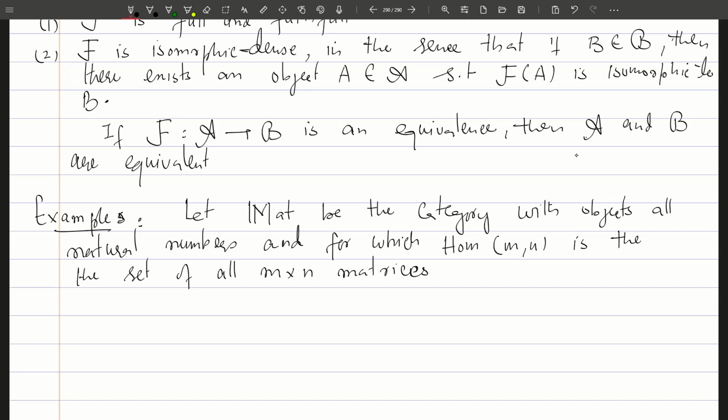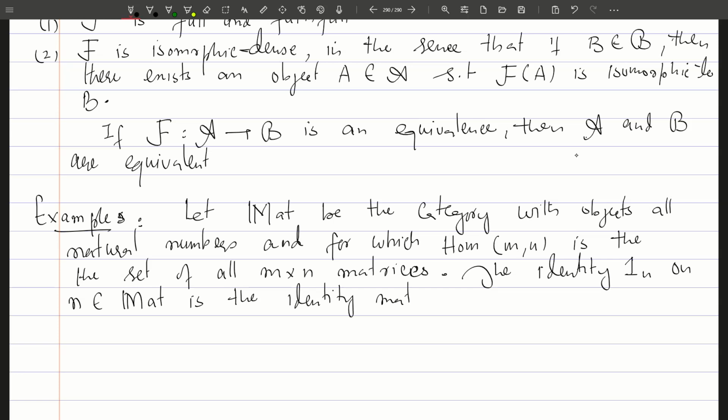One should note here the identity morphism on an object n is actually the identity matrix. So the identity 1 sub n on an object n in the category Mat is the identity matrix I n of order n.